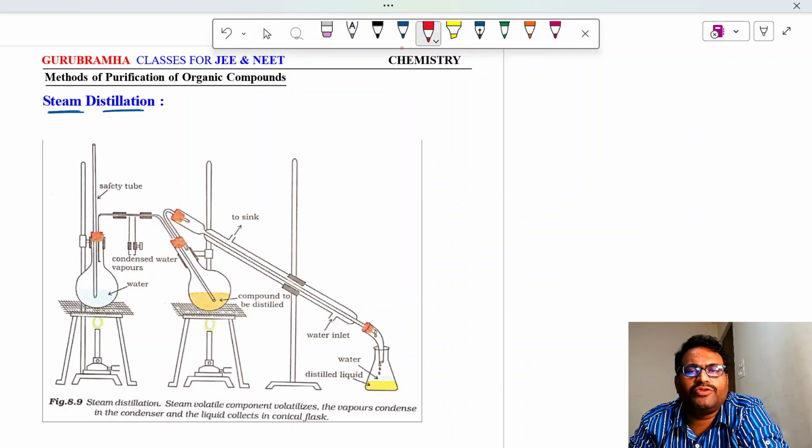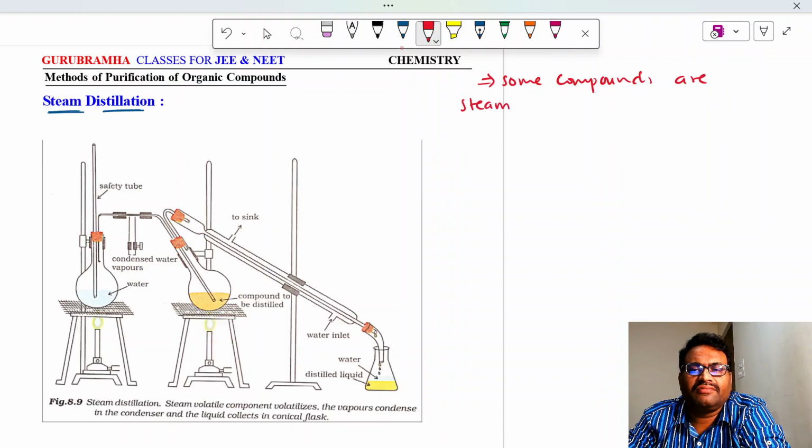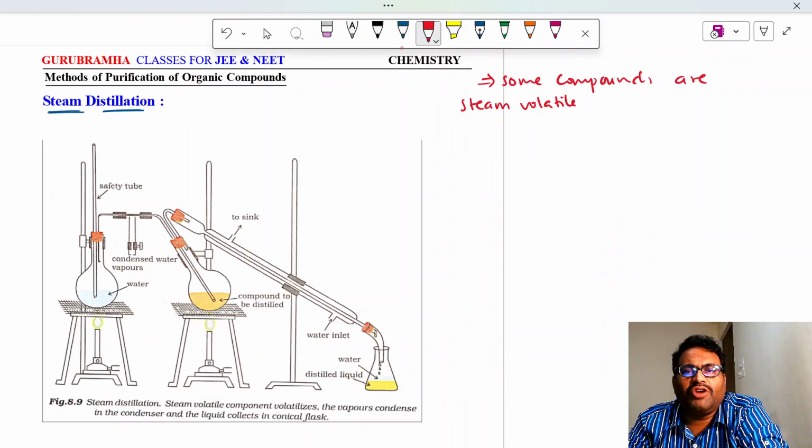There are some compounds whose boiling points are less. Some organic compounds are steam volatile. Steam volatile means they evaporate along with steam, along with water vapor.